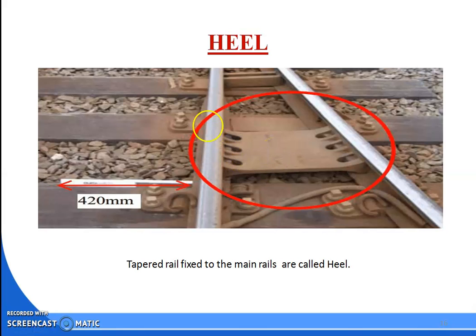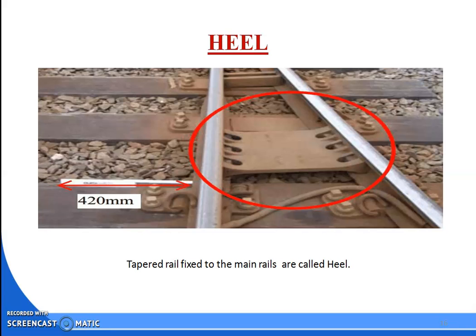These are the main rails. The point where the tapered rail of the switch is fixed to the main rail is known as the heel.